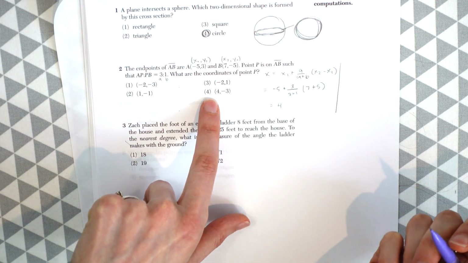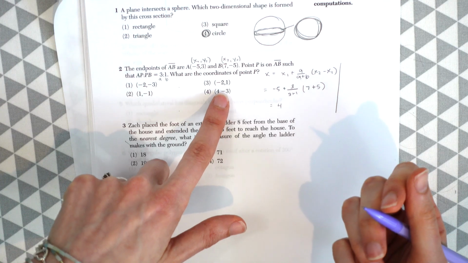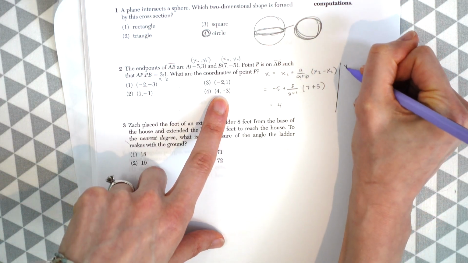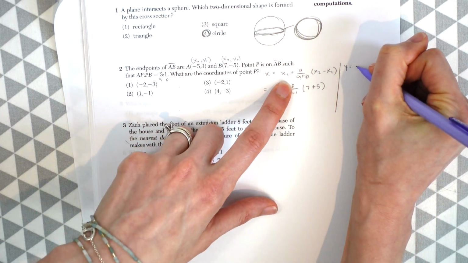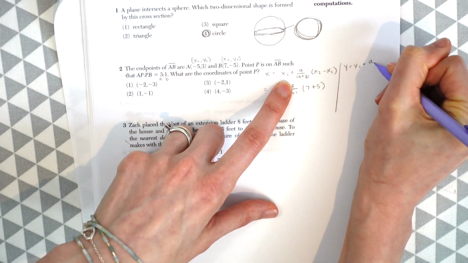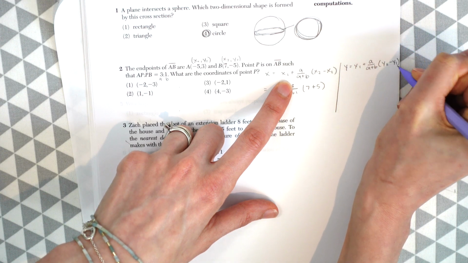So right away you could see that our answer is going to be choice 4, but let's do the other part and find y as well. We're going to do the same exact formula, but now with y. So instead of x1, it's going to be y1 plus a over a plus b times y2 minus y1.